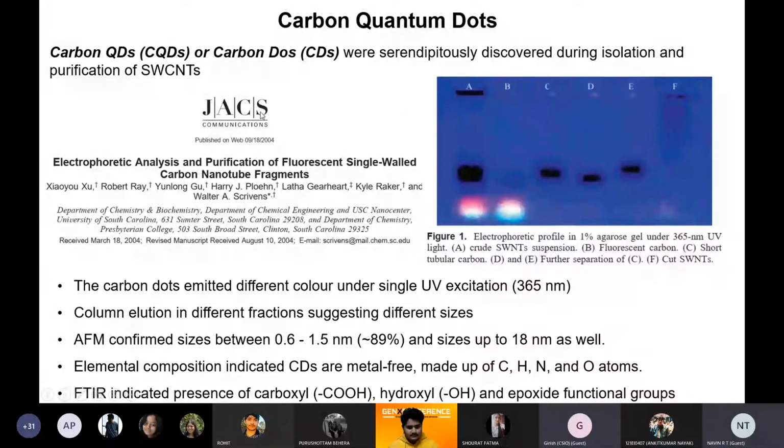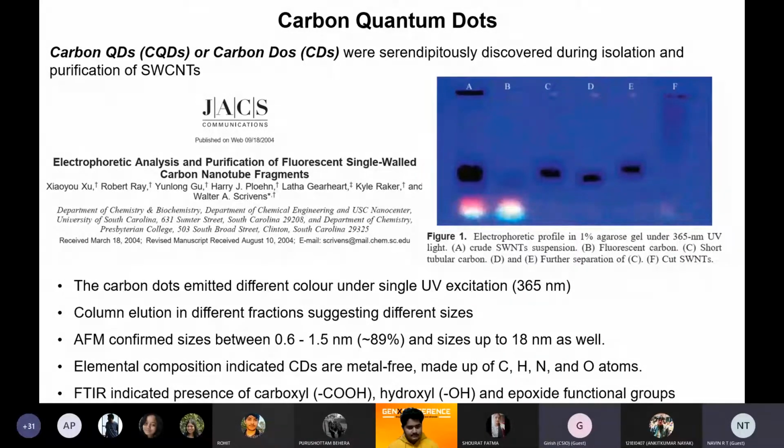Carbon dots. So this is the first paper where the carbon dots were actually discovered by chance. What happened is that these authors, Zhu and Scrivens, were working with single walled carbon nanotubes.